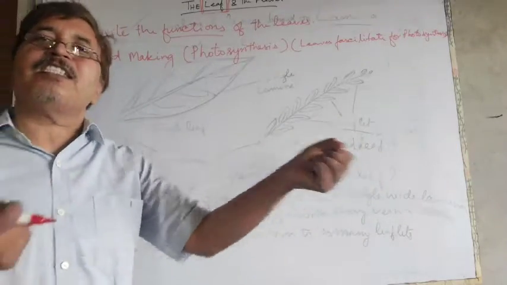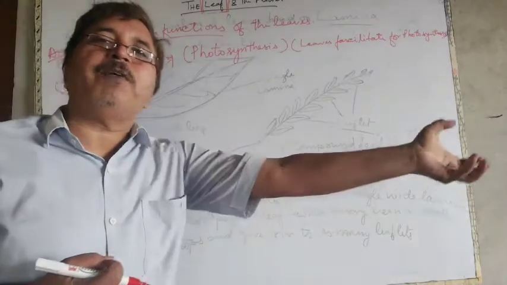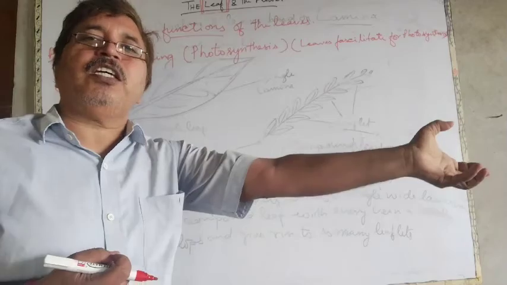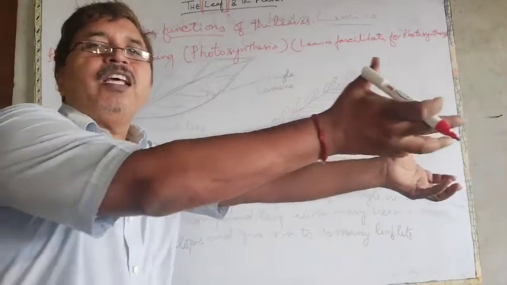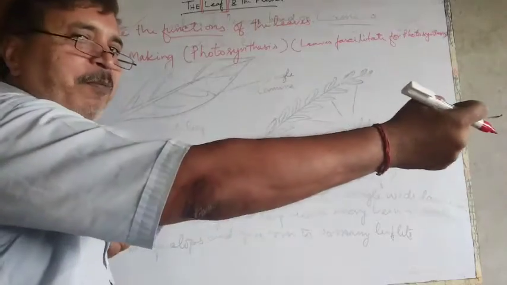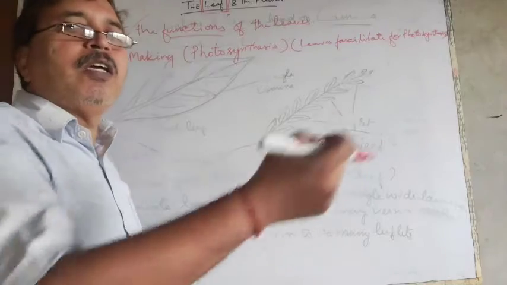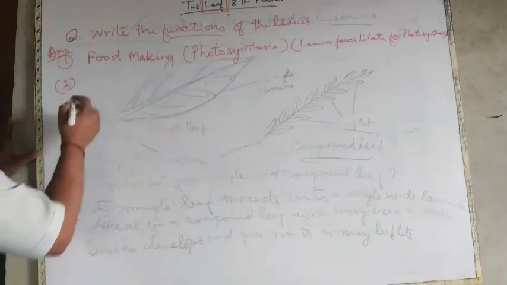This is called exchange, right? So plants give oxygen, and from the atmosphere they take carbon dioxide. Give oxygen, take carbon dioxide. So this way it goes on. That's why it's called exchange of gases.